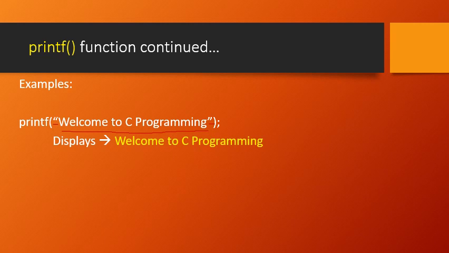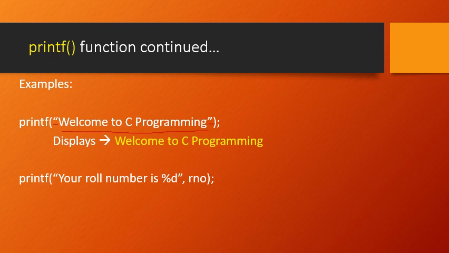Whatever text is within the double quotes, each of these characters, the way it is written, with a space after welcome, then to, then a space, the same way it is going to be displayed on the screen. That's why we call it a constant string. This is one example.